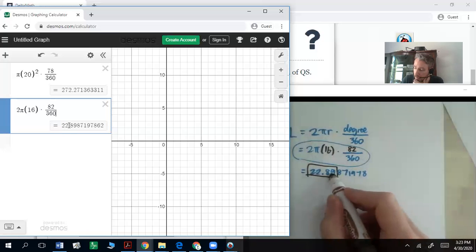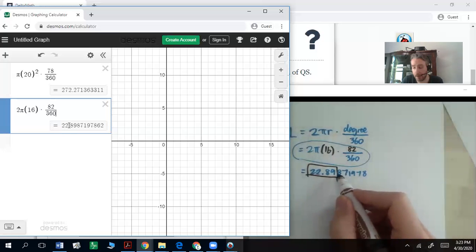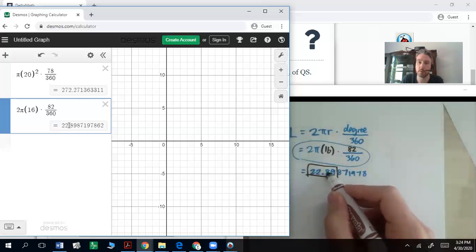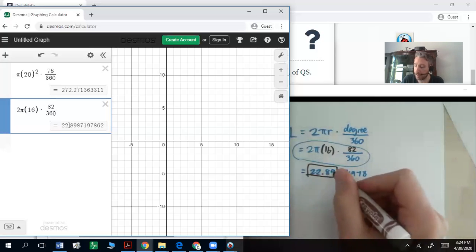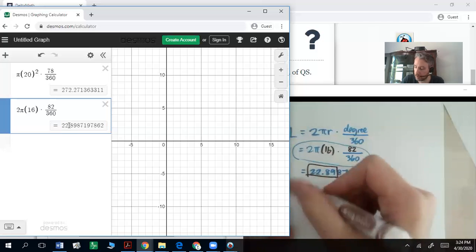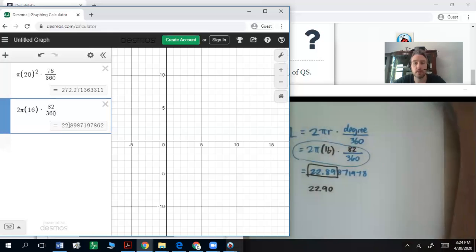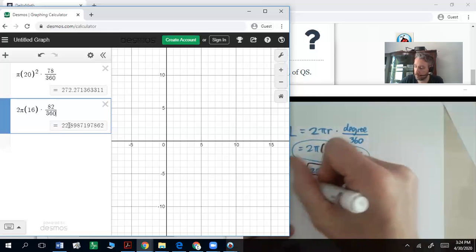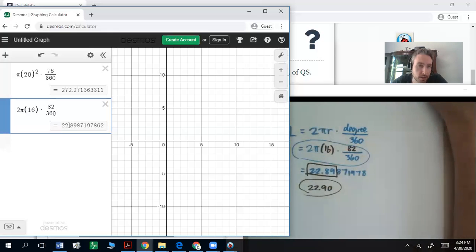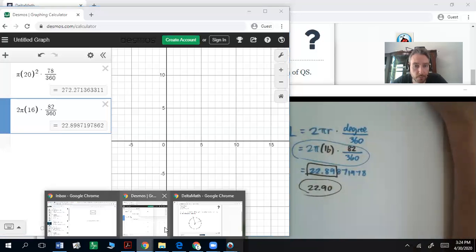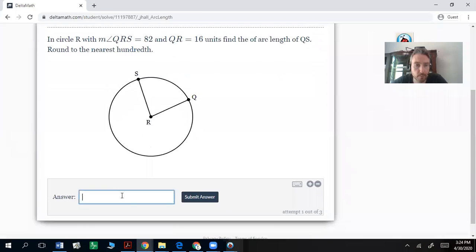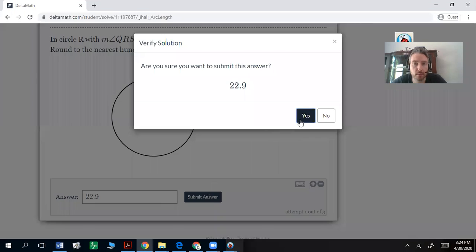Because this is 89, that is followed by an 8, so we want to bump that up, but that 9 is going to bump up to 0. So that's going to bump this 8 up to 9. So think about 89.87, that's going to round to 90. So this should be 22.90 as your final answer. 22.90, and you can write that as 22.9 if you prefer. You don't need the 0 after the 9.